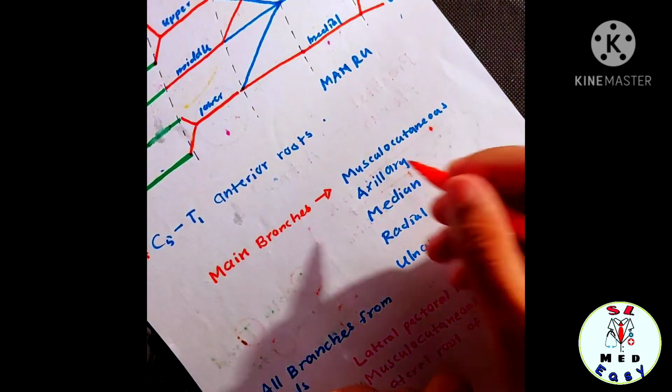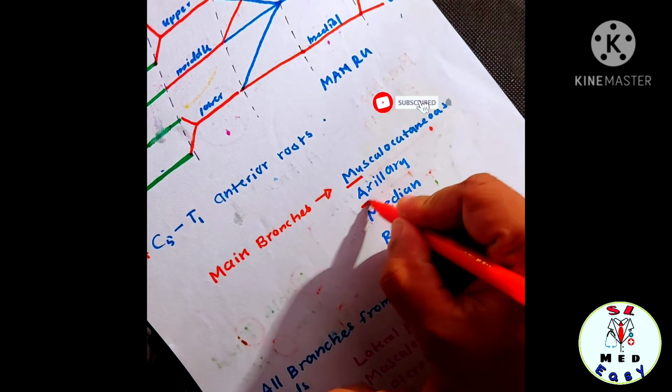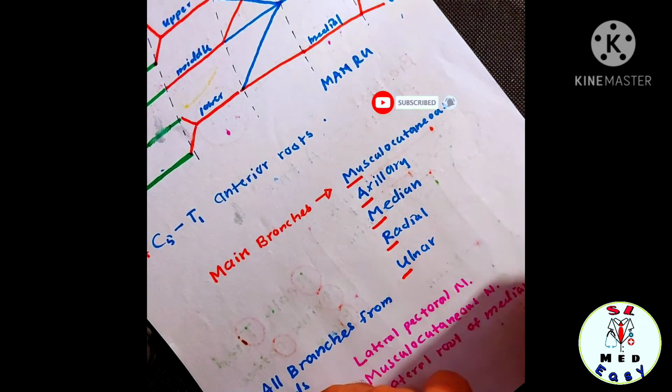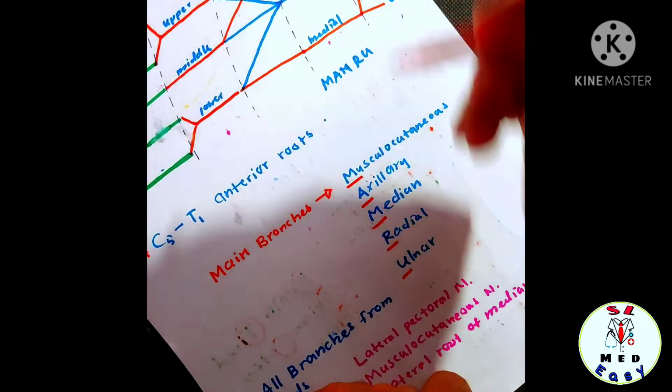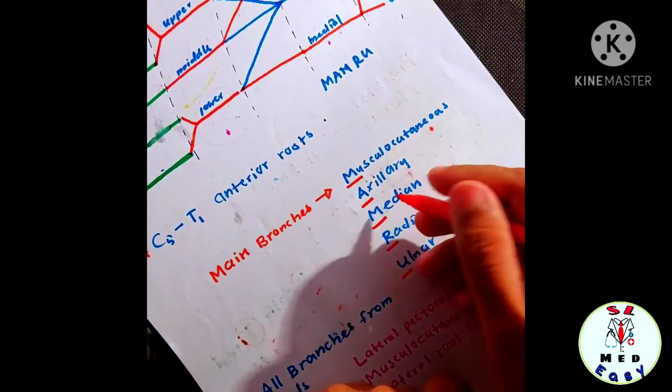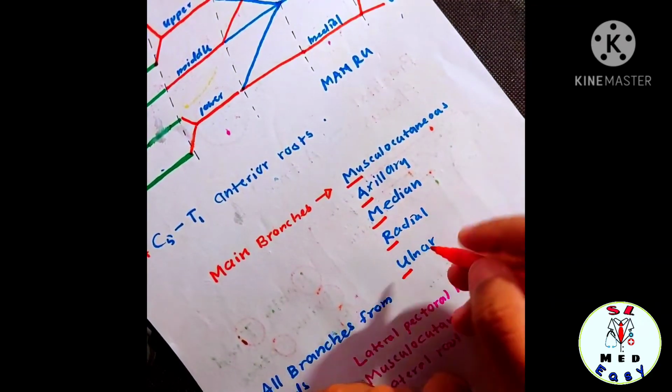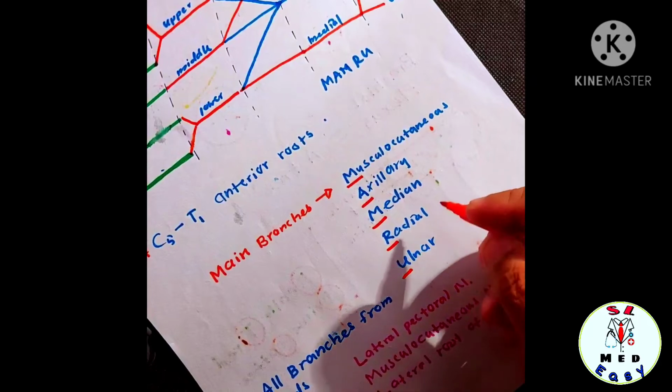As I mentioned earlier, this is MAMRU. Okay, musculocutaneous nerve, M; axillary nerve, A; median nerve, M; radial nerve, R; and ulnar nerve, U, right?